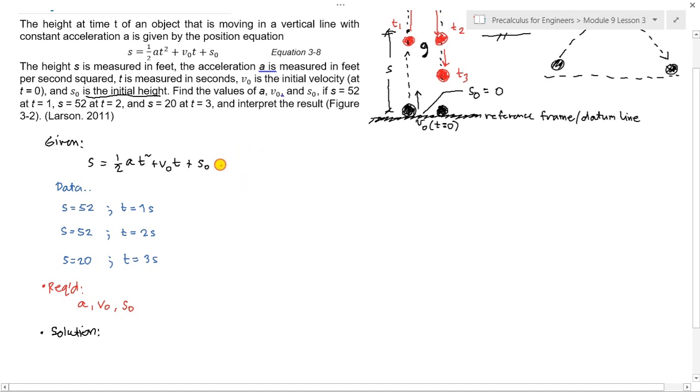As you notice, we have a general equation, and from the general equation, we have S and T. Now, naa tay data. How many set of data do we have? Tulo. So, therefore, if naa tay tulo ka data, makuha na nato ang tulo ka equation that involves these three unknowns, di ba?